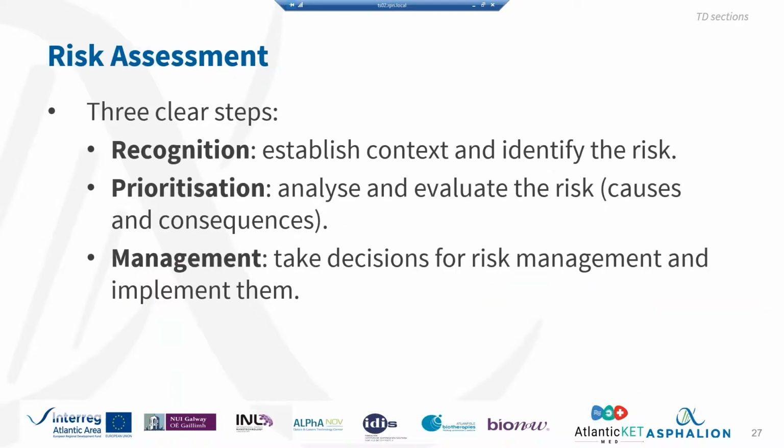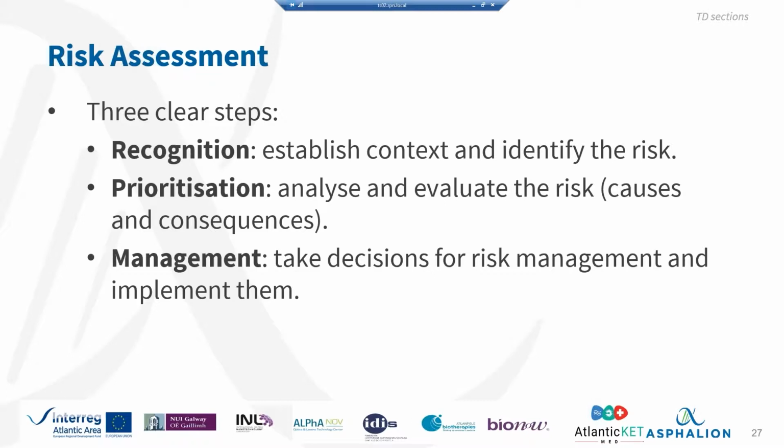So how do we perform a risk assessment? There are three clear steps. The first one is the recognition of the risks. You have to establish a context of analysis, and then identify the potential risks of your device. Once you have recognized these risks, you will prioritize them.